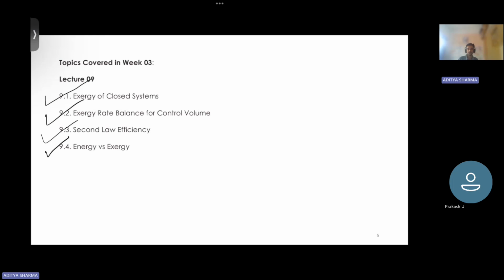But there are a few commonalities between these two. Energy is an extensive property, and exergy is also an extensive property. Such comparison has been done between these two terms.